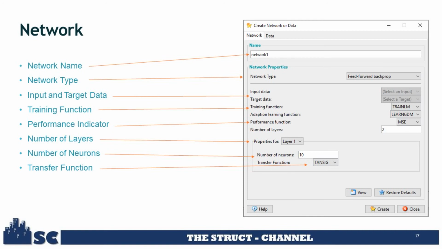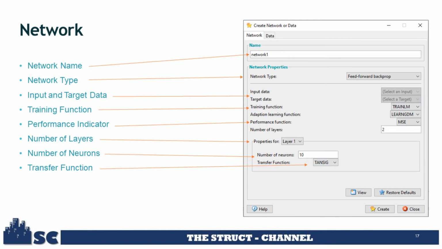So in the neural network toolbox of Matlab, there are three different activation functions or transfer functions that you can choose. We have the purelin, we have the logsig, and we have the tansig.